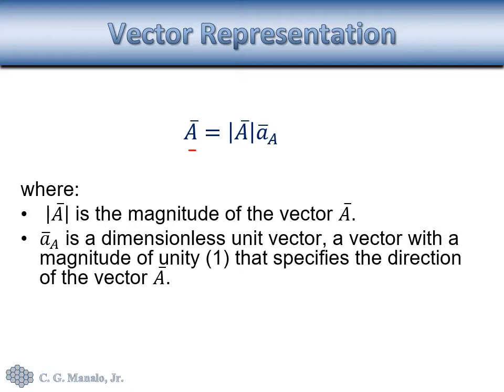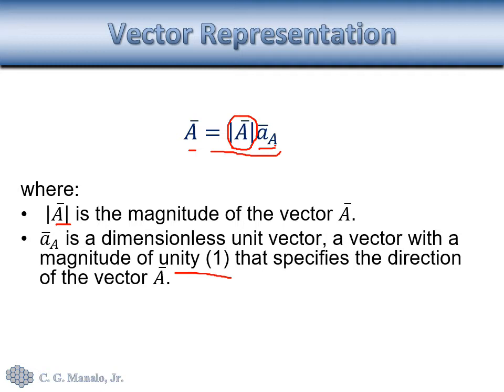One way to show the magnitude and direction of a vector quantity is to write the vector quantity in this manner, where this one, the vector quantity with two vertical bars, represents the magnitude of the vector, and beside it is a vector called a unit vector, where the magnitude is unity or 1, and its direction represents the direction of the vector quantity.